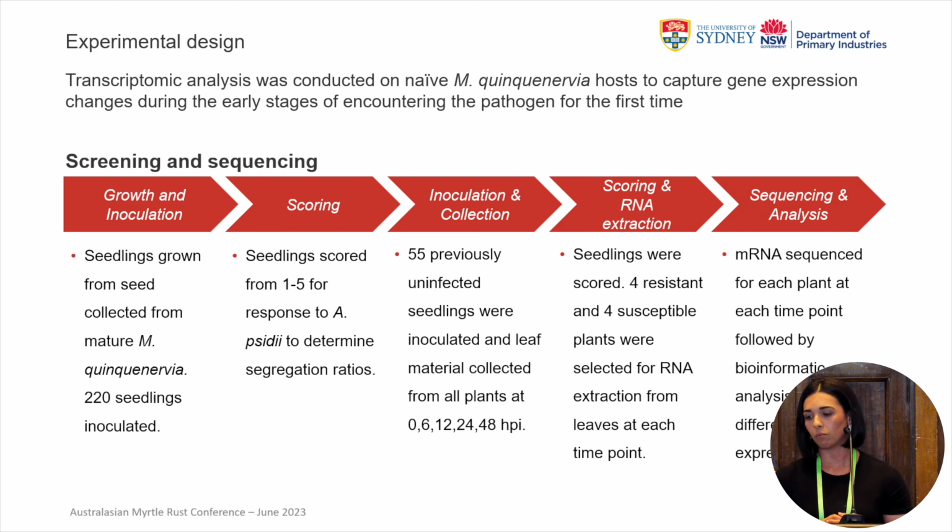I collected material prior to inoculation, and I inoculated those 55 seedlings and then collected leaf material at 6, 12, 24, 48 hours post-inoculation. Waited a couple of weeks to score all of those plants, to get those ones that were susceptible and resistant, and did all of my RNA extraction on 4 resistant and 4 susceptible, and then went on to do the RNA sequencing.